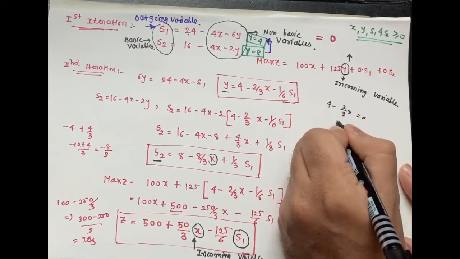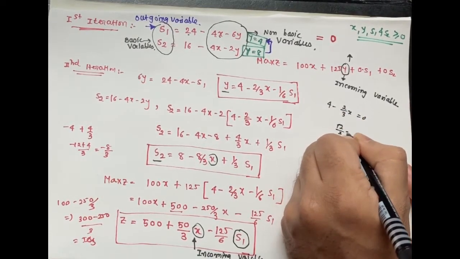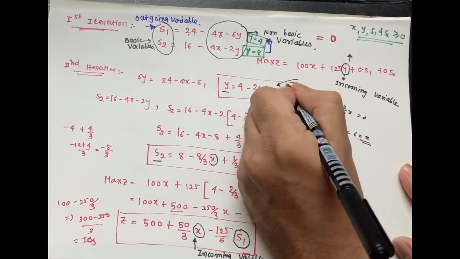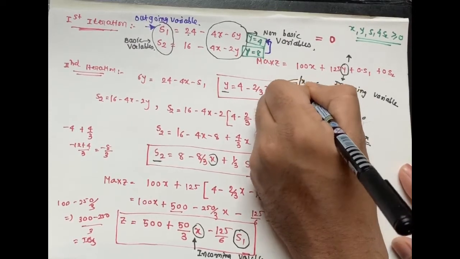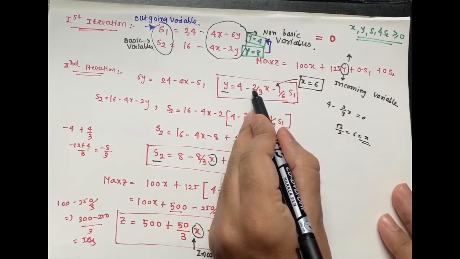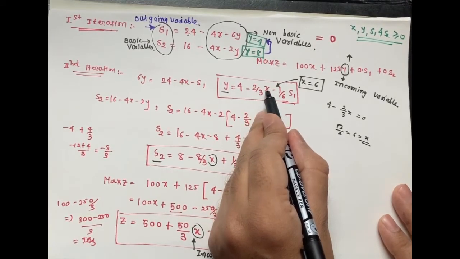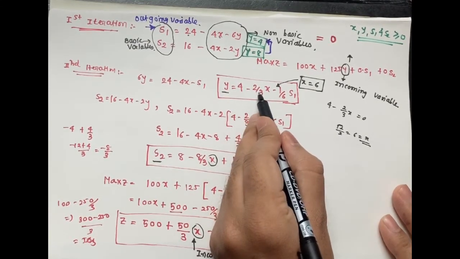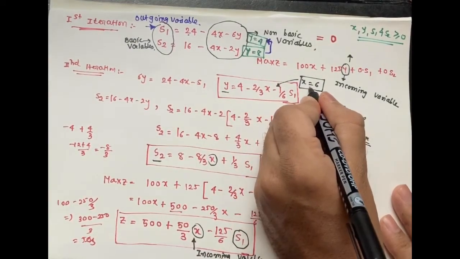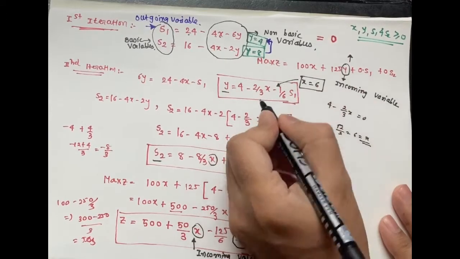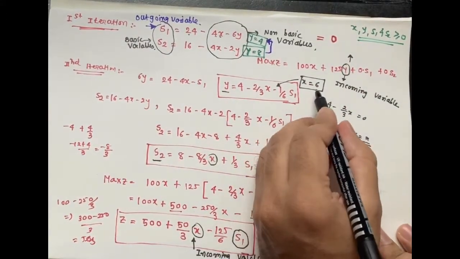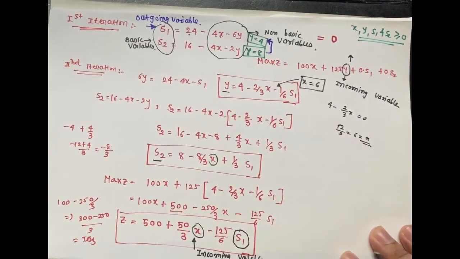So 4 into 3, that is 12 by 2, that is x equals 6. If I put x equals 6 in this case, 2 into 6, that is 12 by 3, that is 4. 4 minus 4 gives me a value of y equal to 0. Meaning beyond 6 I cannot increase the value of x in this equation. s1 is 0 because it is a non-basic variable. So x I can increase in this equation up to 6.